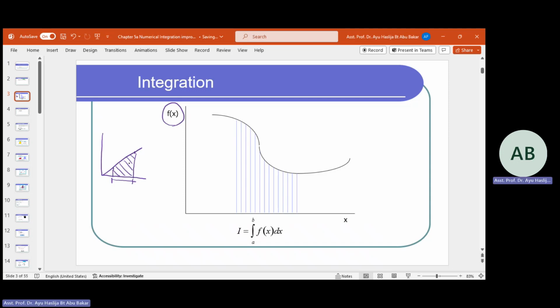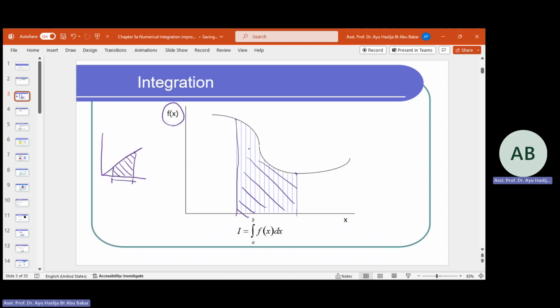Okay, if it is a linear line, it is easy to find the overall area under the curve. But if it is non-linear, be it quadratic or cubic or sine, cos, you will have some error. Let's say, for example, if you have this point and this point, and then you need to find the area under the curve.